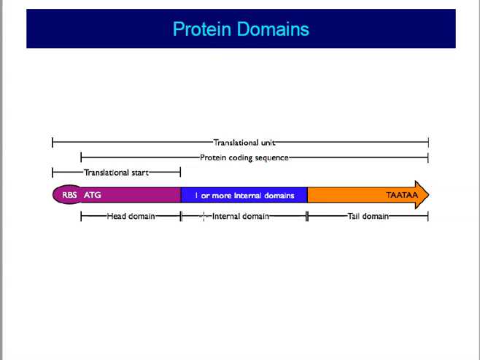In enzyme coding genes, the internal domain represents the catalytic domain, and this catalytic domain is enclosed between a head and a tail domain, and the enzyme activity is regulated by the internal domain itself. So this is just one example of a protein domain as indicated in a synthetic biology representation.